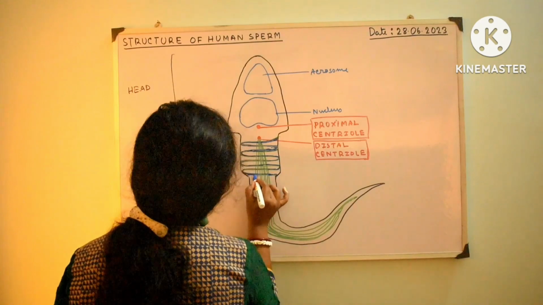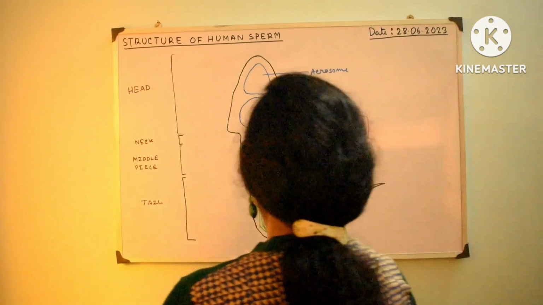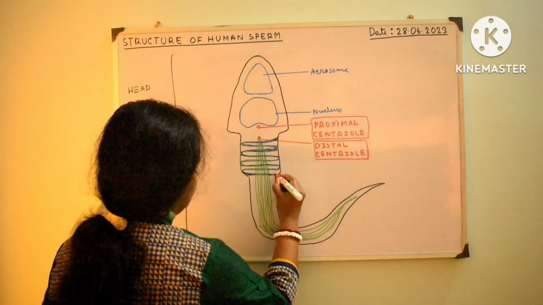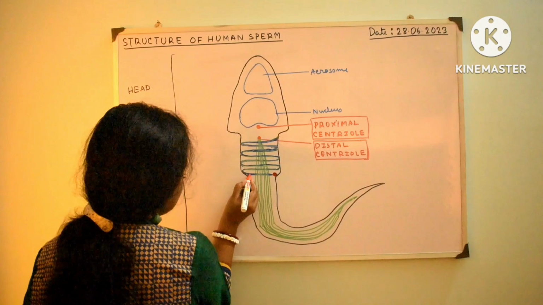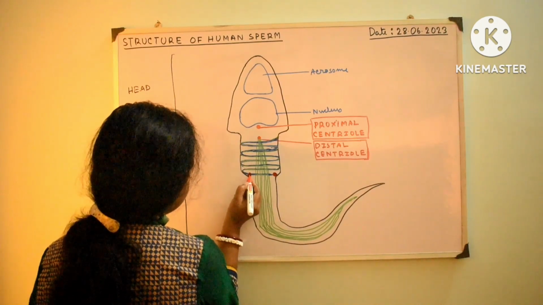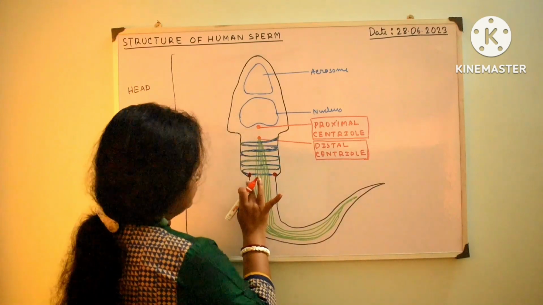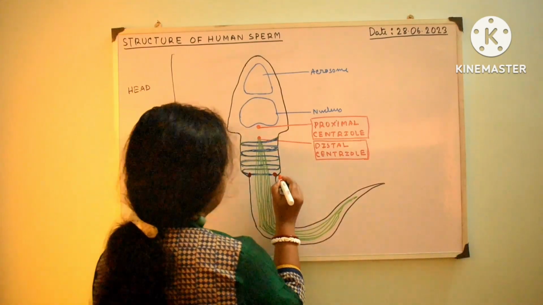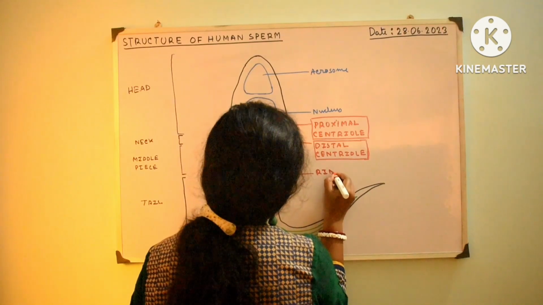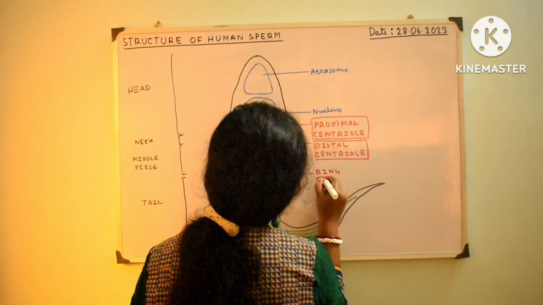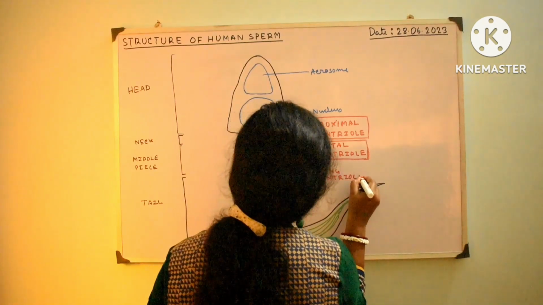And at the end of this spiral mitochondria, at the end of the middle piece, there are another two centrioles. These are known as ring centrioles, and they are two in number.